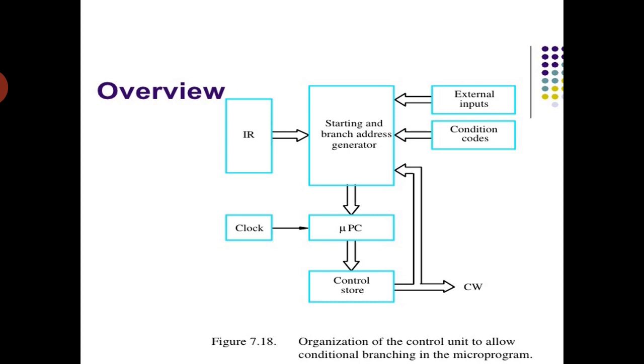When the branch condition is satisfied, from the control store we go back to the starting and branch address generator.